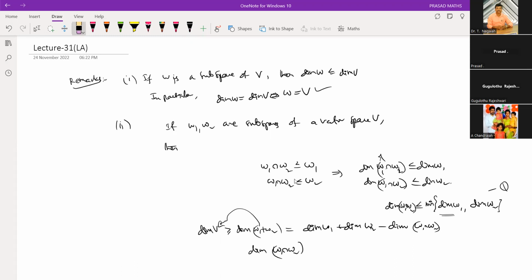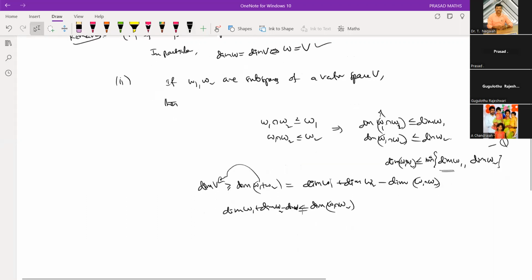Therefore, the dimension of W1 intersection W2 is greater than or equal to the dimension of W1 plus the dimension of W2 minus the dimension of V. This is my lower bound for W1 intersection W2.